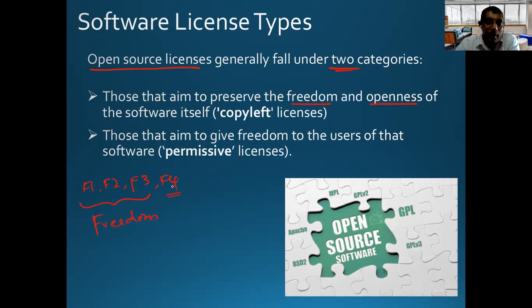But then Richard Stallman says, keep it open, because open means open source. Because the fourth freedom says whenever you modify, you have to give the source code. That means you can't deny it. So this is what we call openness.